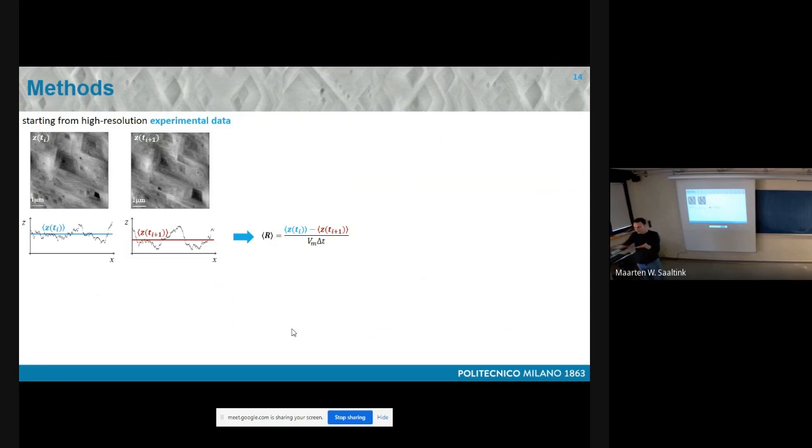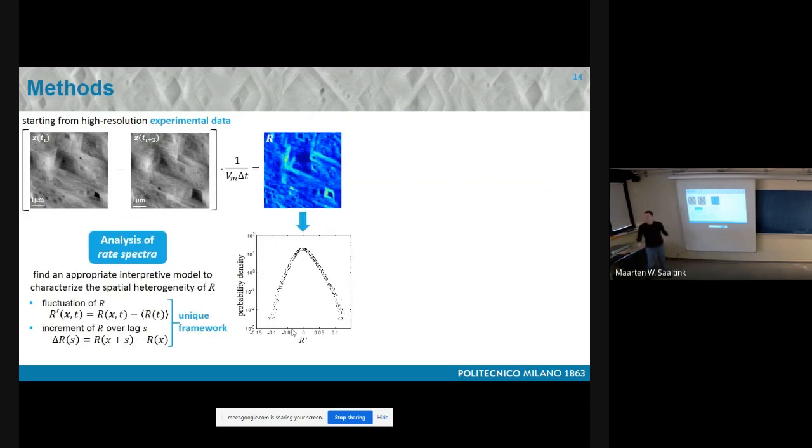By spatial resolution, I mean you have something like 512 pixels along each direction. So at each point, you have an observation of the topography of the system. You take observations at two different times, and then you simply subtract them. This is the molar volume of the site, and then you come up with a map of dissolution rates. Then, with this map of dissolution rates, you can do some analysis.